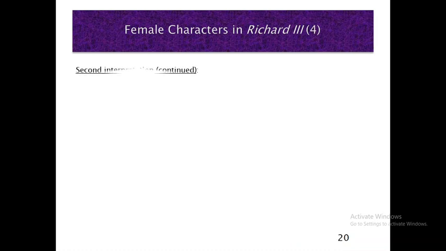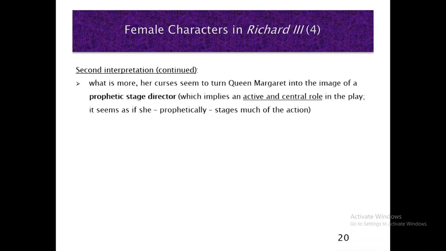Okay, let's continue with this second interpretation. These curses seem to turn Queen Margaret into something like a prophetic stage director. A stage director is basically someone who directs a play like a director of a film, for example. So the curses, and this is another argument in the context of this second interpretation, seem to turn Queen Margaret into the image of a prophetic stage director.